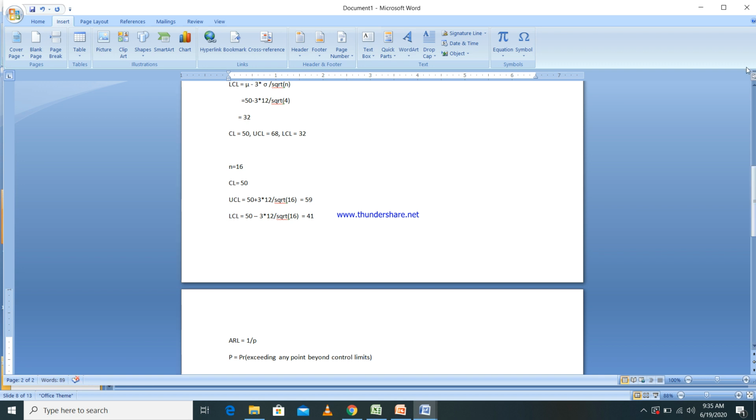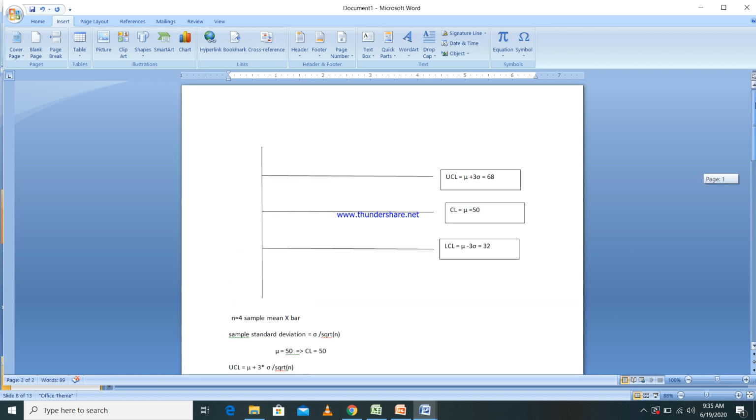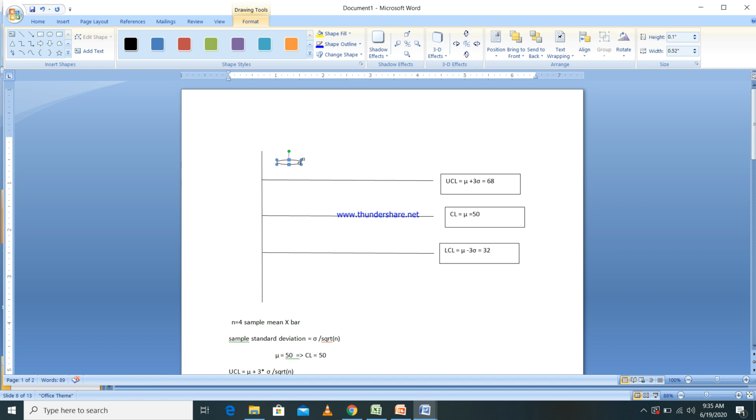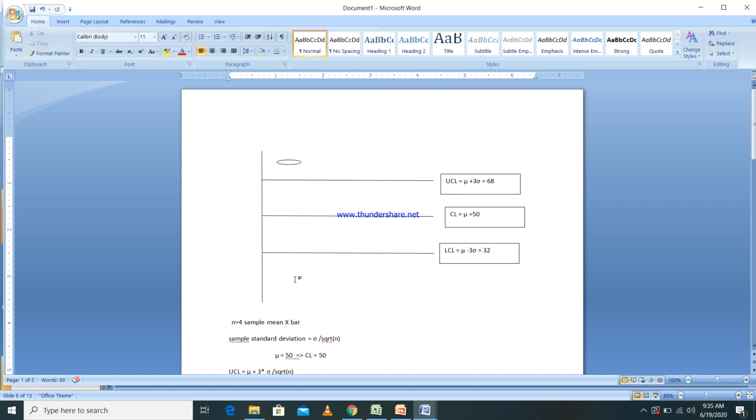So if you look at your control chart, if you can find a value somewhere here or somewhere here, you can see I have drawn two circles.